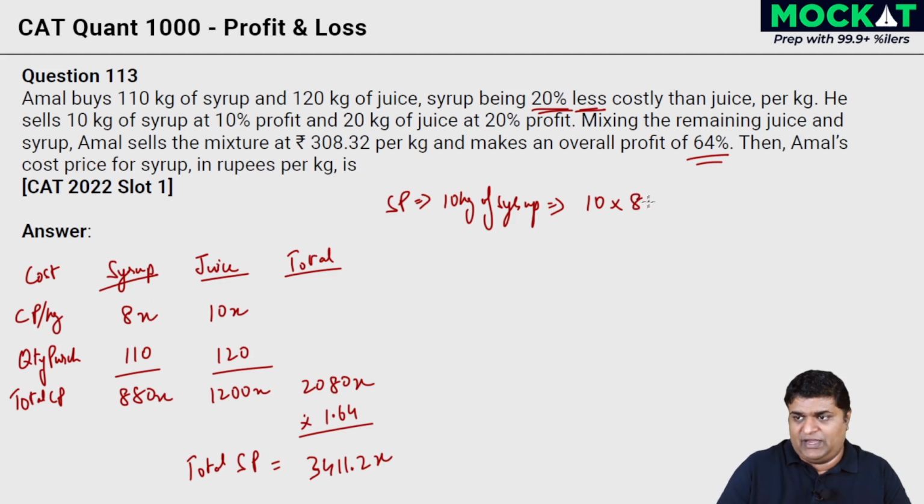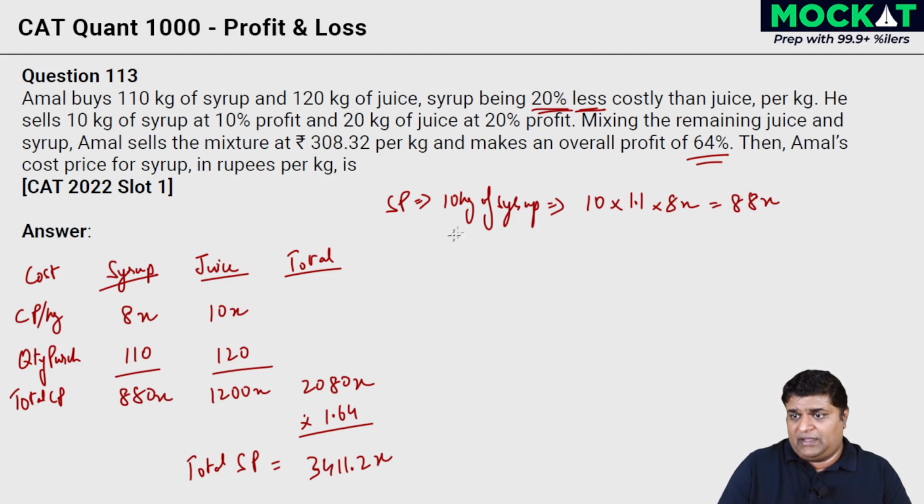So it comes to 8.8x. You should not be wasting time with these steps. 10 into 1.1 times the cost price of syrup per kg. 10 kgs, 8x over here is the cost price per kg into 1.1 because 10% profit. That's the multiplication factor. Look to directly do it if you can. Anyway, 10 into 1.1 is 11. 11 8s are 88. So that's an 88x.